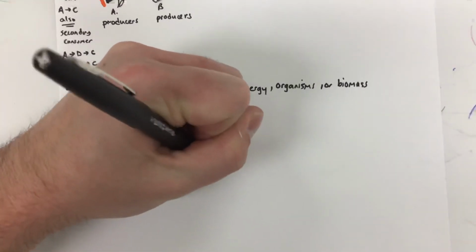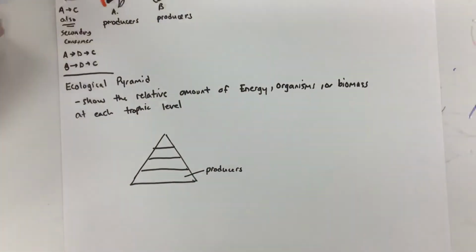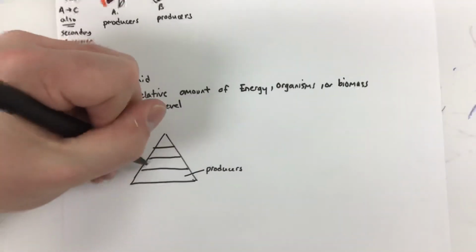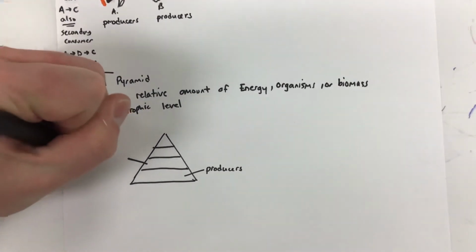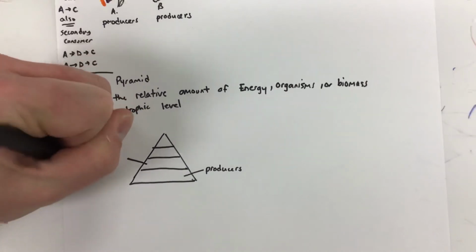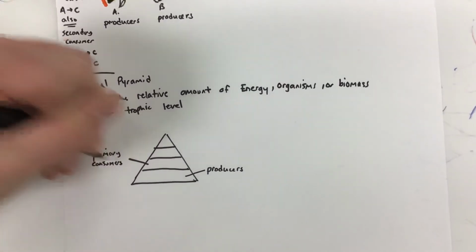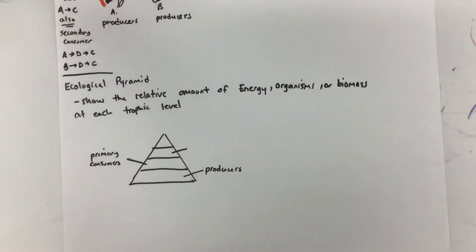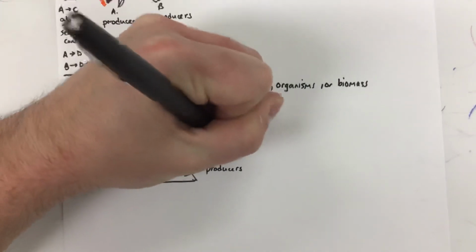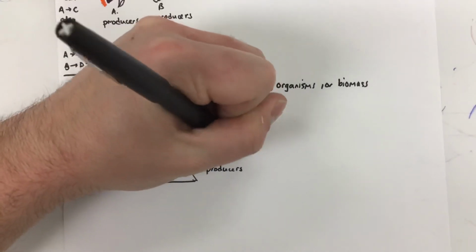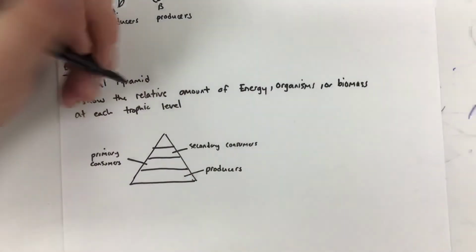So this is going to be my producers. All right. What would then my second row be? Primary consumers. My third row. And my top row.